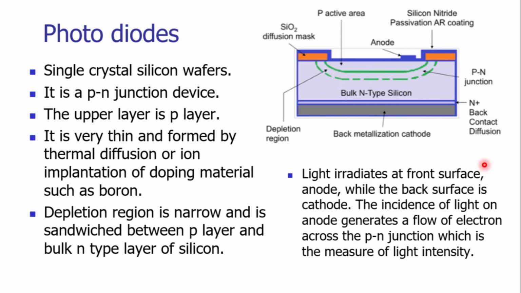The principle of operation of photodiode is very simple. When the light is incident on the anode surface, there is generation of electric current.